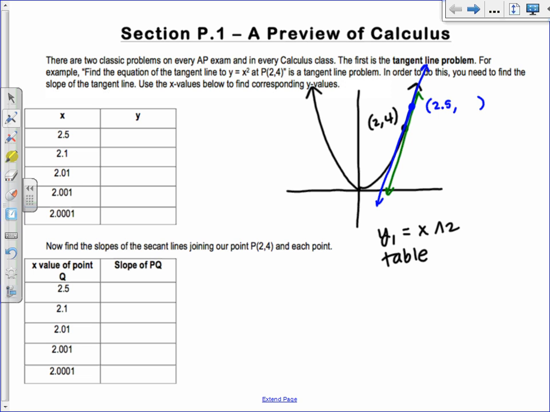Hopefully your graph is set up so that you can put in whatever values you want. Can you put in 2.5? If you can't, then go to table set, which is under window, the second window, table set. It's going to say independent, and you want to set it to ask. So go over to ask.